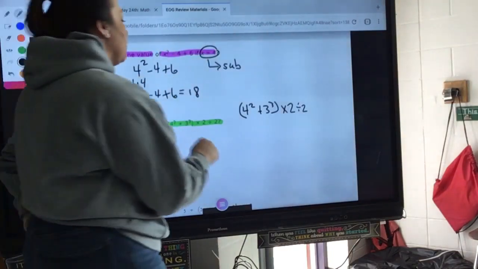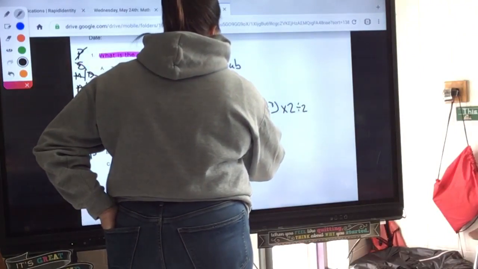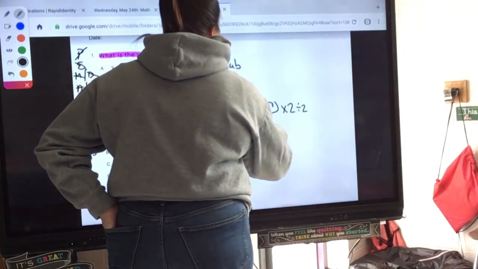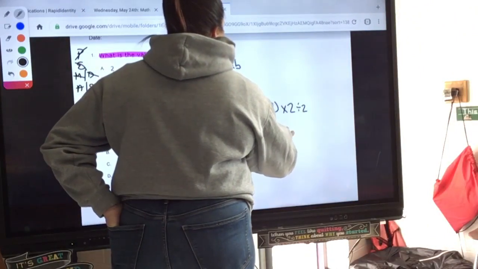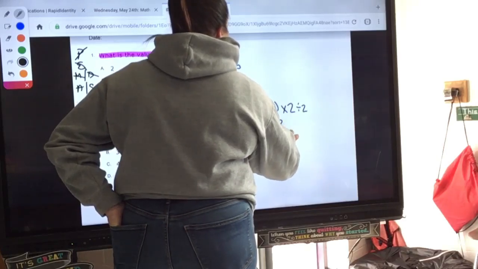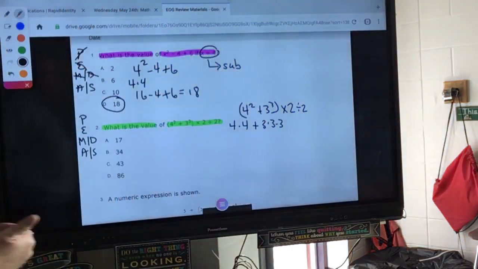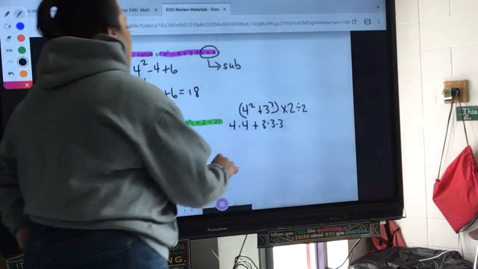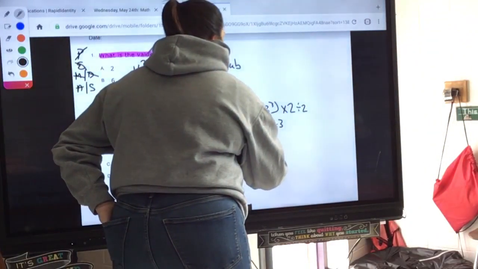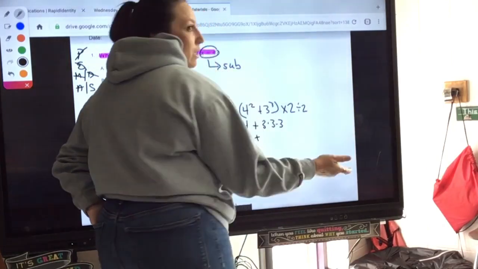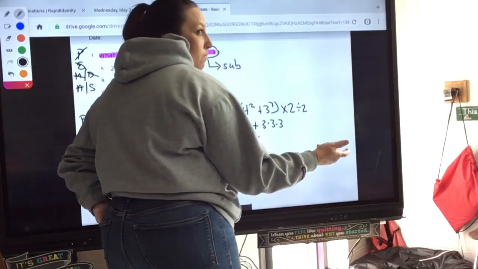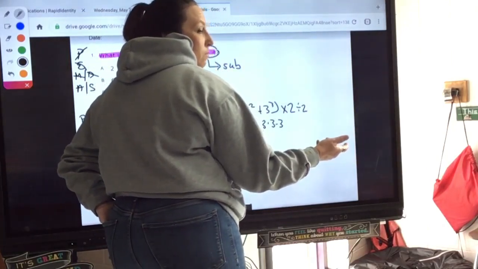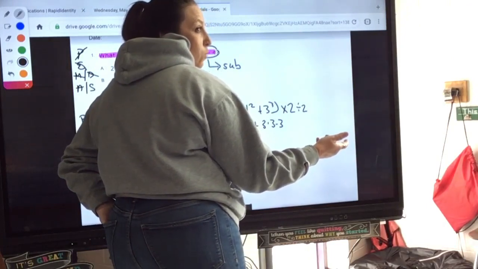So inside our parentheses, we're doing 4 times 4 plus 3 times 3 times 3. So 4 times 4 is what? Cristiano? 16 plus, what's 3 times 3 times 3?